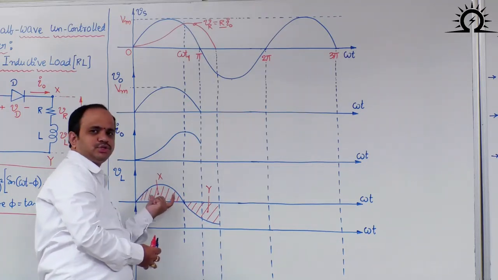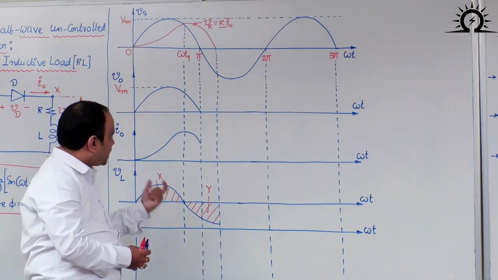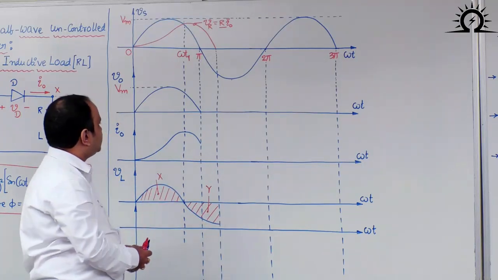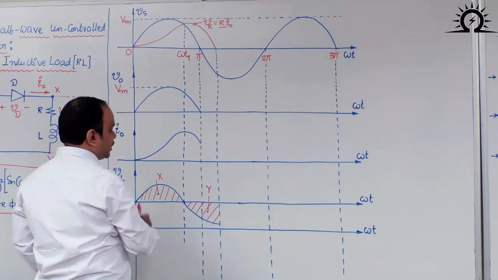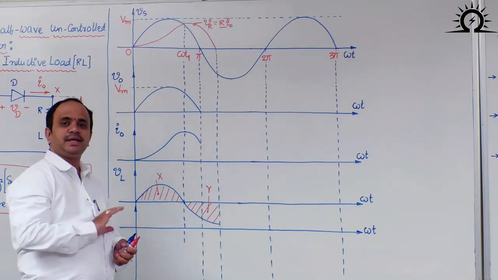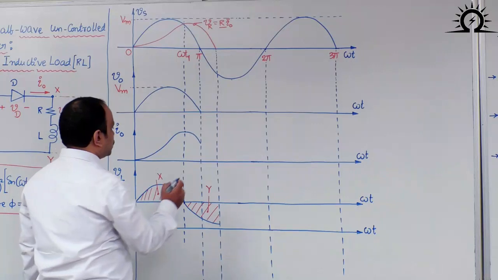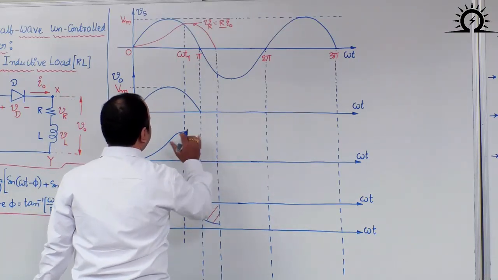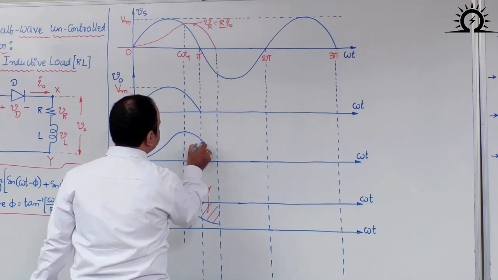Positive volt-second balances with negative volt-second. At that instant, the energy stored in the inductor will be completely released, so the current waveform will reach 0.